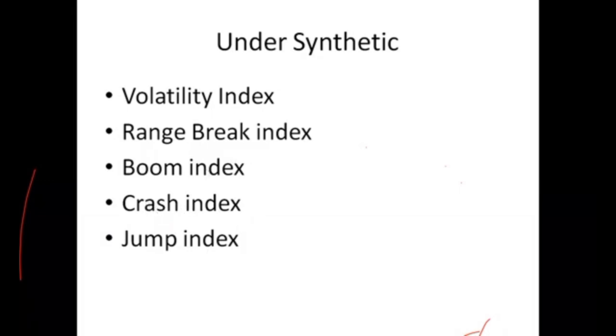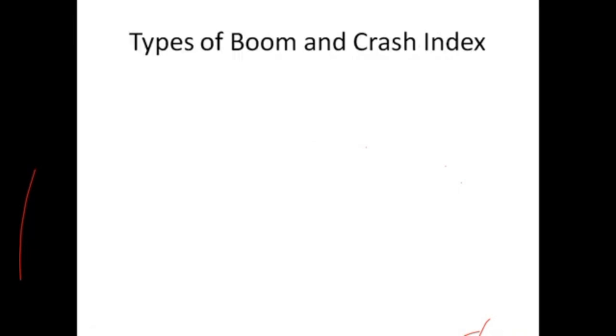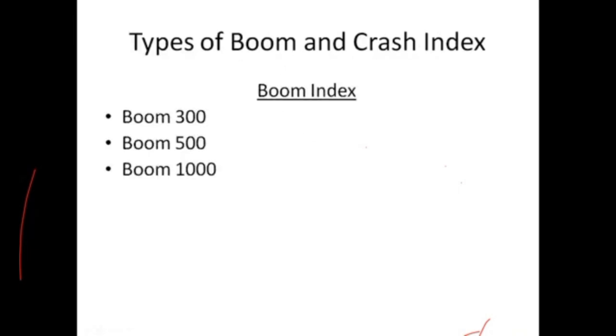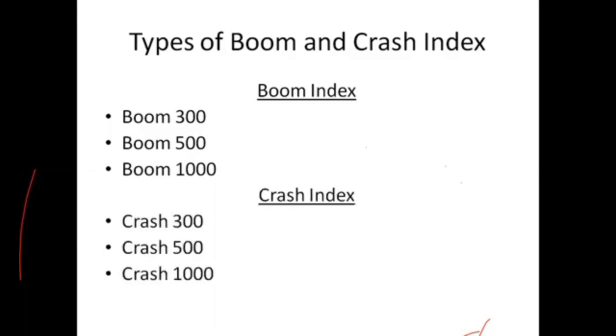So, types of boom and crash index. Under the boom index, we have boom 300, boom 500, boom 1000. And under the crash markets, we have crash 300, crash 500, and also crash 1000.